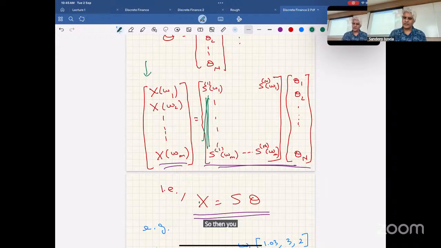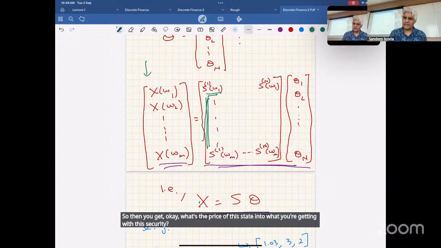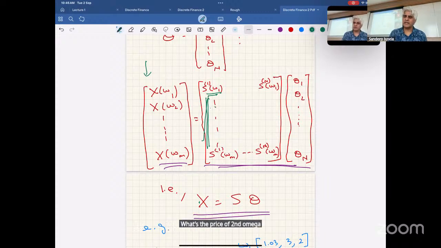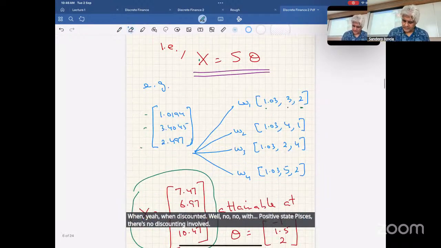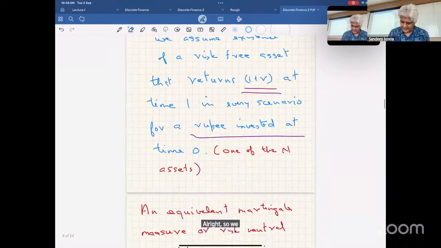So you get the price of the first state times what you're getting in it from this security, the price of the second state, omega 2, times what you're getting from this security. Basically, you get the value of that security, and that should be equal to S0. With positive state prices, there's no discounting involved. All right, so we get that.